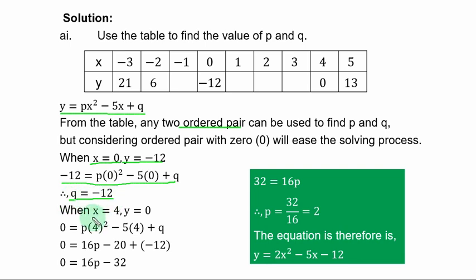Now let's take when s is 4, y is 0. If you replace y with 0 and s with 4, you have 0 equal to p into 4 squared minus 5 into 4, that is for s now, plus q. And you have 16p minus 20.